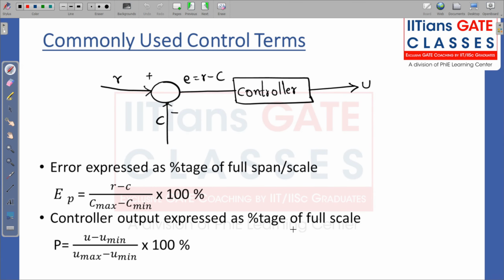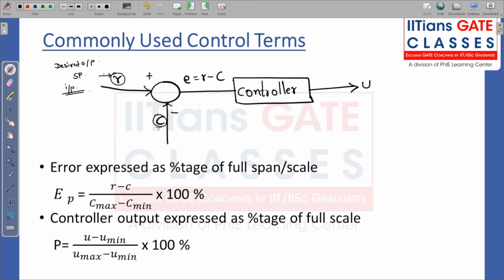So what are the commonly used control terms that we are going to see now? Commonly used controller terms over here. R is your set point, or desired output, or we also call it input in your control system.